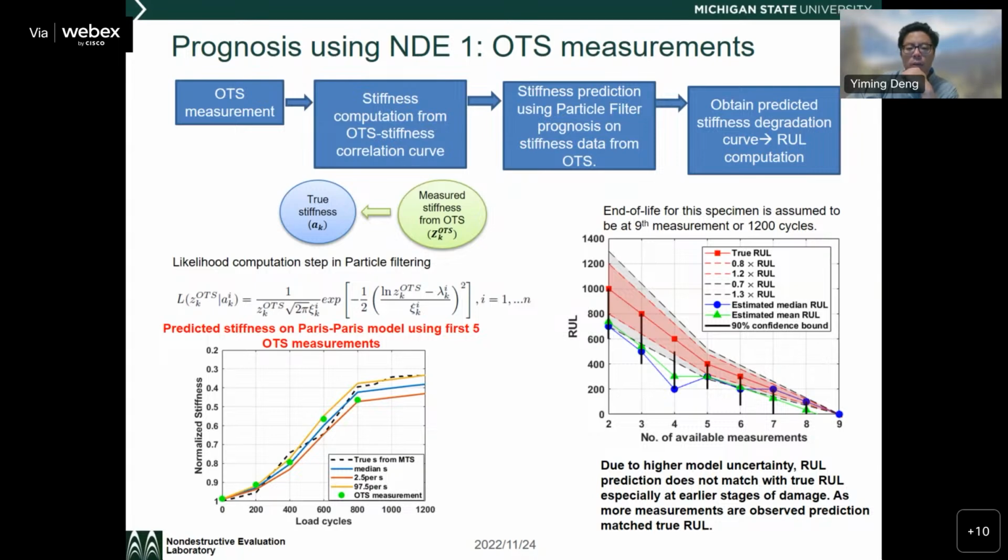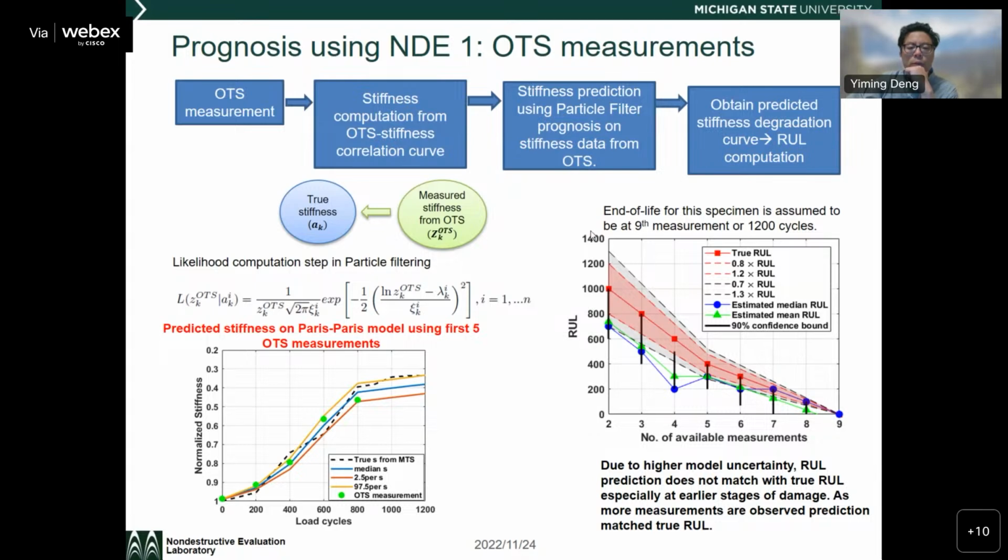So you'll have the previous measurements, like the green dots here, and you get the stiffness calculation from the correlation curve you obtained before. That is your prior knowledge. And with new data coming in, you can predict the future stiffness, which is related to the damage state of this composite sample, using the particle filtering predictor, and you can calculate the remaining useful life.